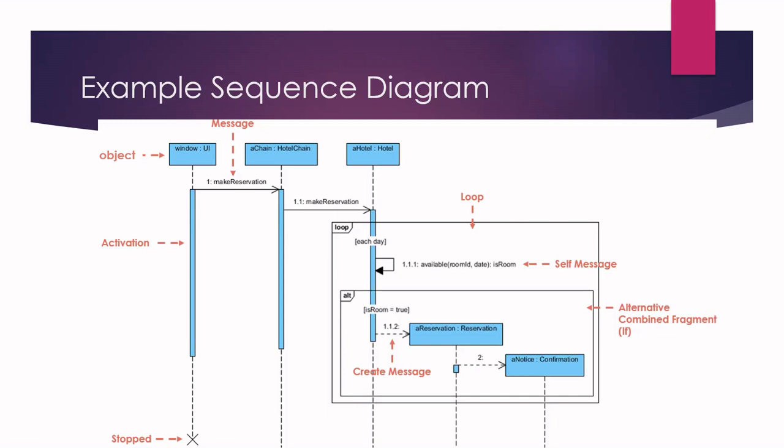Usually there would be a line that separates one alternative from the other. But here it's just one check. If there's a room, we do that. It's just an if without an else. If there is an else, you can just split this alternative context and add the else in the lower part.